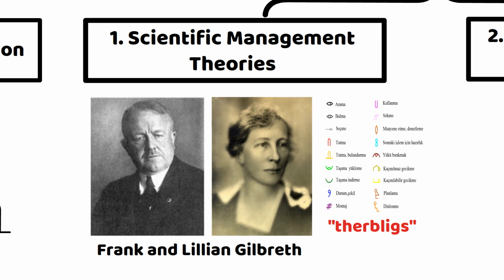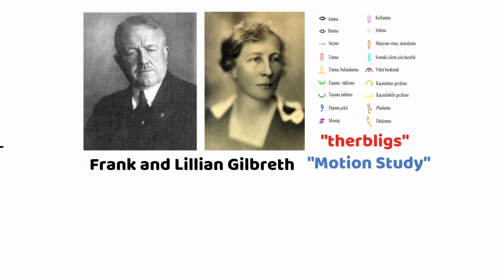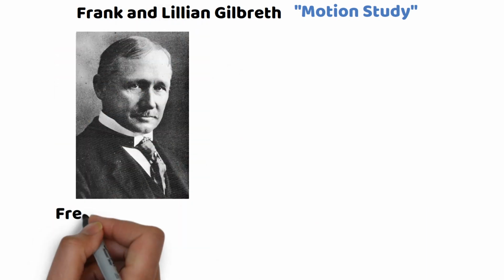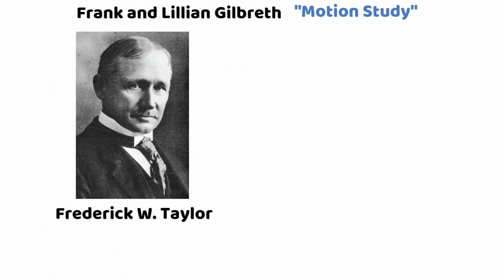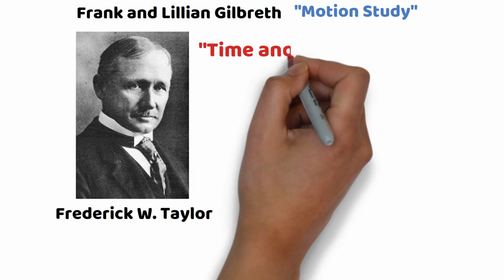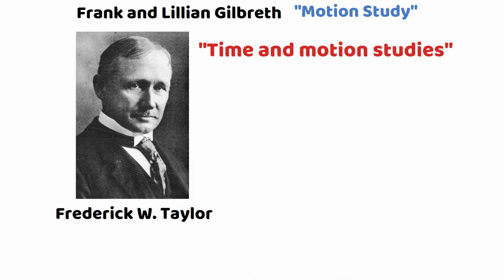They also developed the concept of motion study, which involves the use of time and motion studies to identify the most efficient way of performing work. Another theorist in scientific management theories was Frederick W. Taylor. Taylor used time and motion studies to analyze work processes and identify areas where time and motion could be minimized.